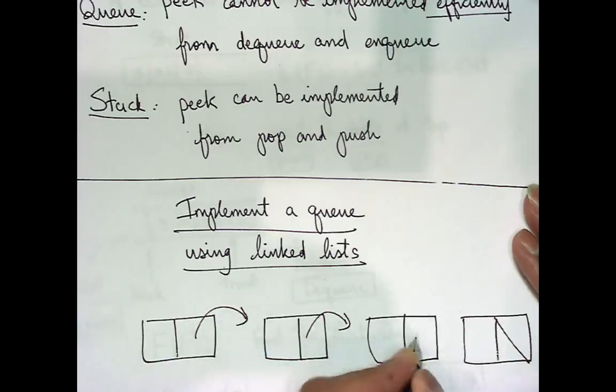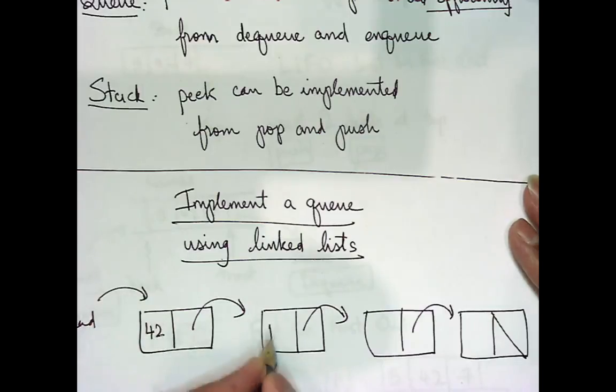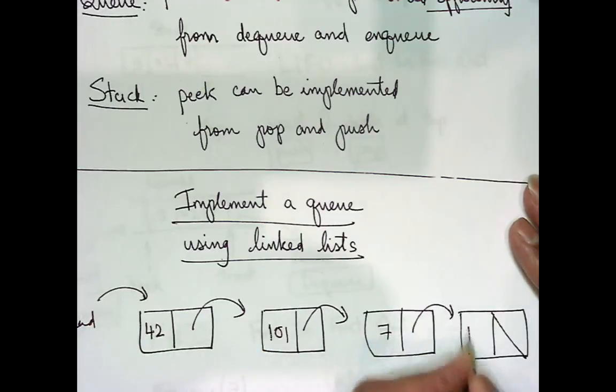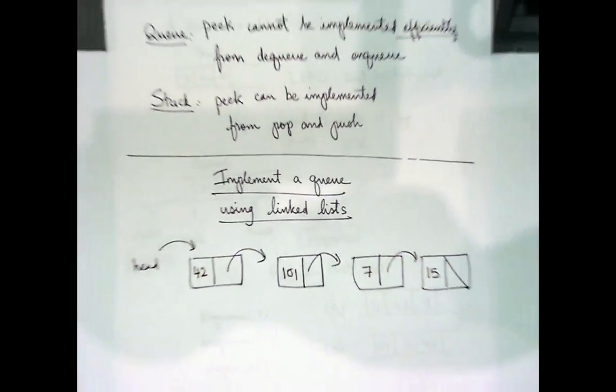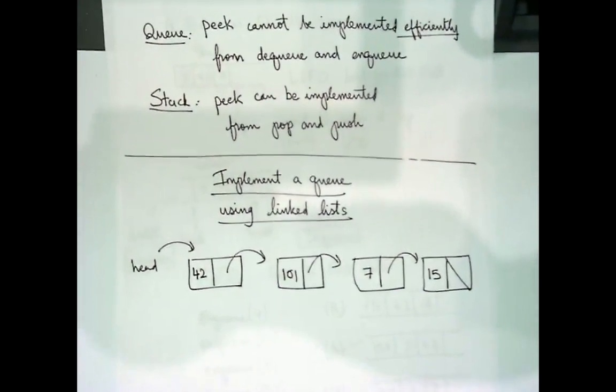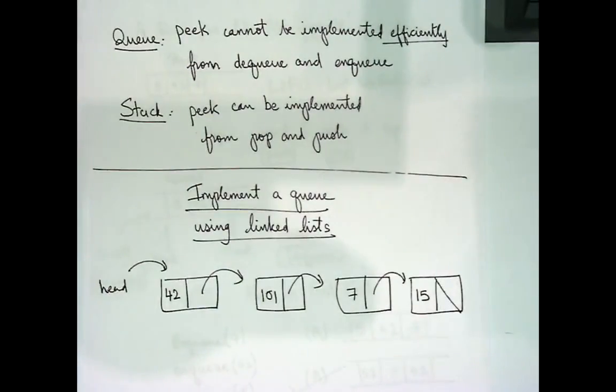Here's head, 42, 101, 7, and 15. So let's think about this. First, we have to choose where the front and the back of the queue are going to be, and that would affect the insert and the delete.